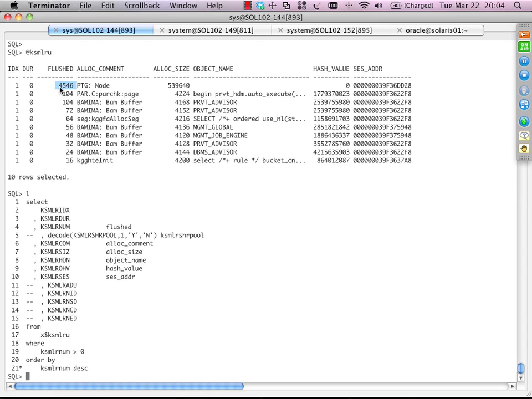You will also see library cache latch contention or library cache mutex contention, depending on the version of Oracle. But anyway, this guy is the troublemaker. We flushed out 4,000 chunks because we tried to allocate 500 kilobytes for some sort of reason. If you don't know what it is, then put it into Metalink. This is, by the way, the session address.